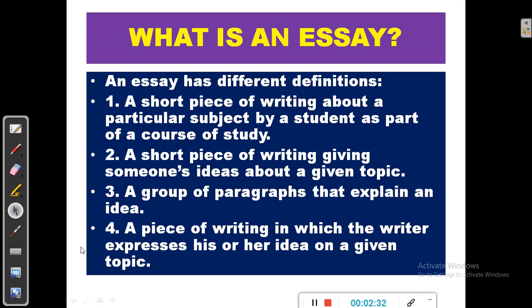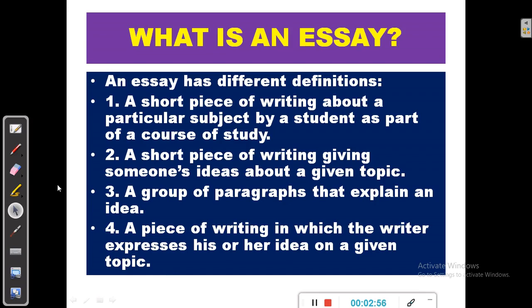Then the fourth definition is a piece of writing in which the writer expresses his or her idea on a given topic. It is similar to other definitions we have already given. But for the purpose of this video, we want to look at an essay as an all-encompassing piece of writing.